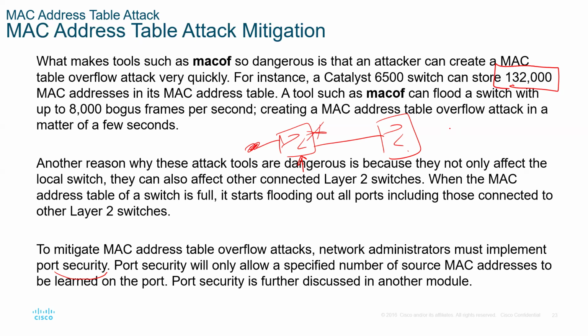So even if the attacker tries to send these bogus frames, 8,000 per second, they cannot succeed, because on that specific port the attacker is limited to two maximum addresses in the example. So basically that's how we implement port security to mitigate against MAC address table attacks.